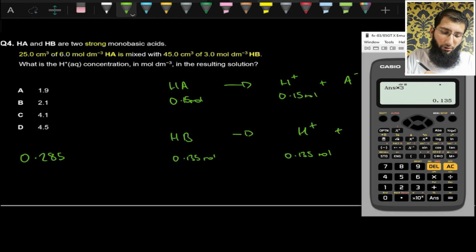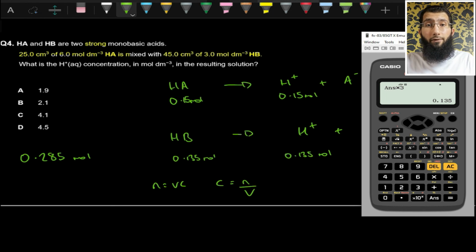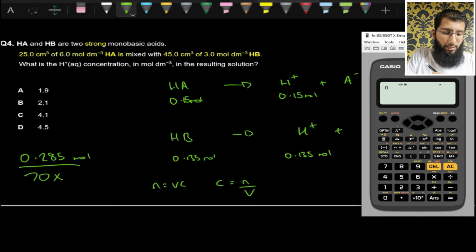We want to work out the concentration though, and we know that n is equal to Vc, so therefore concentration is equal to n over V. We need to do the moles, which is 0.285, divided by the total volume. And now the total volume is, in this case, 25 centimeters cubed plus 45 centimeters cubed, so that's 70 centimeters cubed. So if we do this, divided by 70 times 10 to the minus 3, excuse my appalling handwriting there.